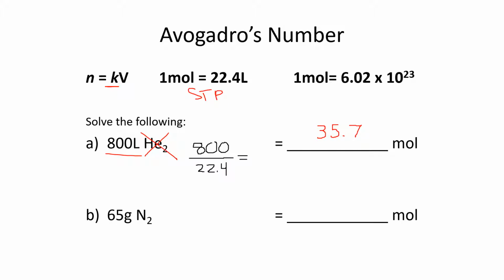Grams. Now this does come into effect, which gas it is, because we need the gram molecular weight. So nitrogen is 14, N2 is 28. So we got 65 grams, 28 grams per mole. So just divide. About 2.32 moles of nitrogen gas.